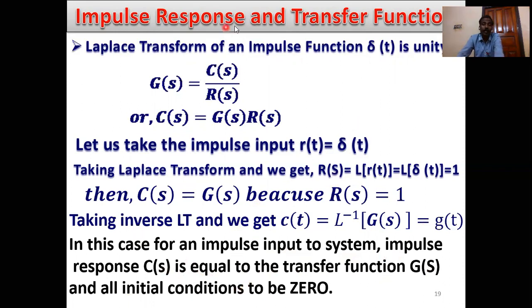This is the impulse response and transfer function. The main point: when R(S) equals 1, then C(S) equals G(S), the overall output equivalent to the system gain or plant gain.